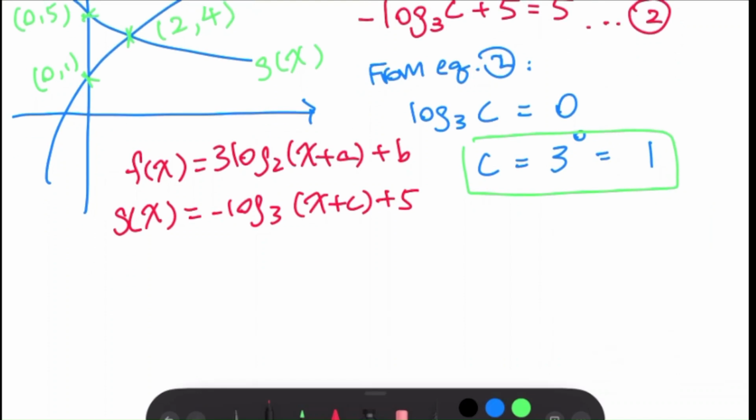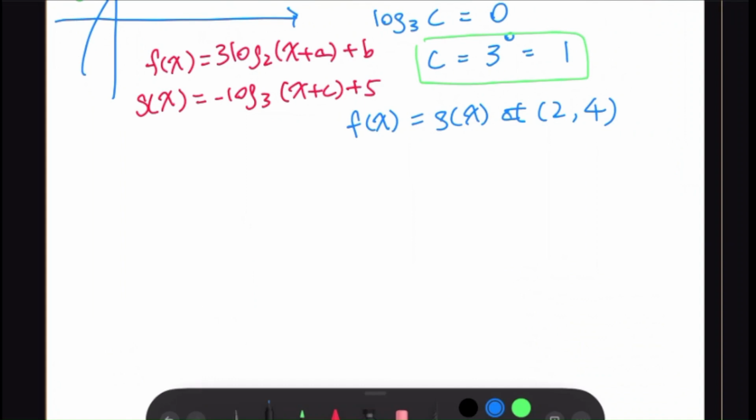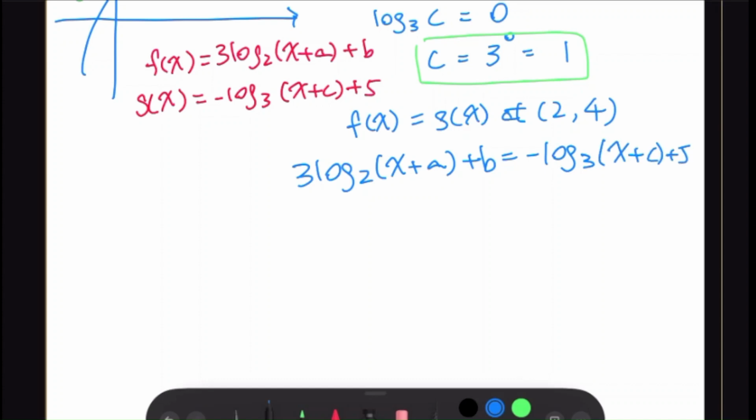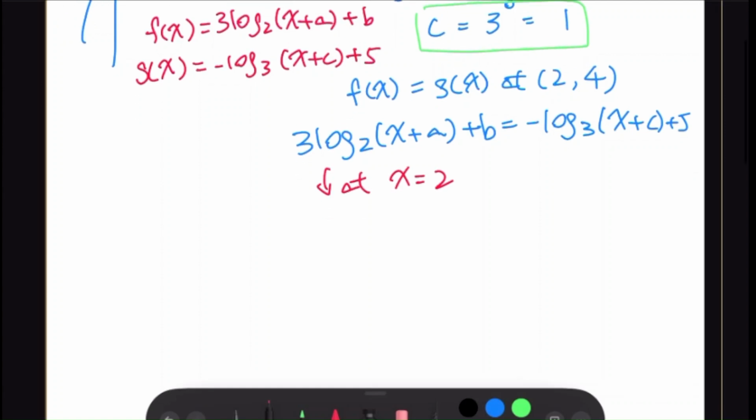So what we then have is that we can sub in the fact that f(x) equals g(x) at the point (2, 4), because obviously it's the intersection. Then we end up with 3 log(2x + a), the formula for f(x), equal to negative log(3x + c) + 5 at x equals 2.